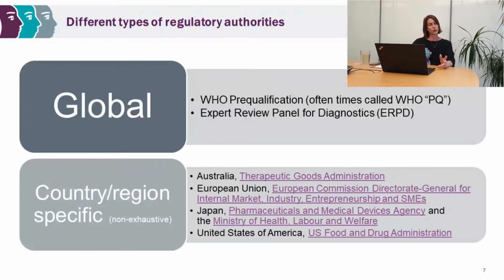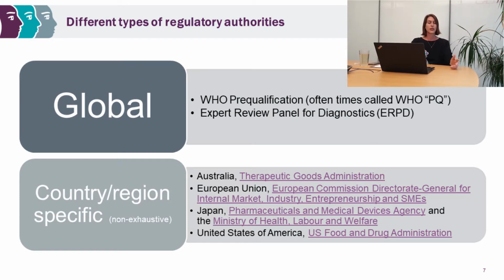There are different types of regulatory authorities. The first one is global. Now this would be WHO Prequalification, or oftentimes WHO PQ it's called, or the Expert Review Panel for Diagnostics, which is oftentimes called ERPD.